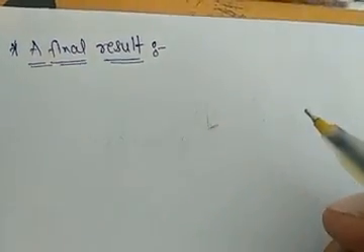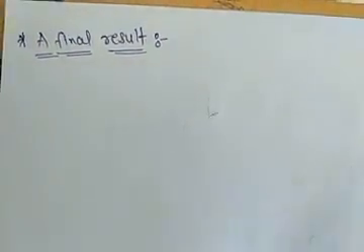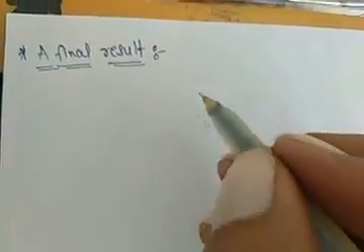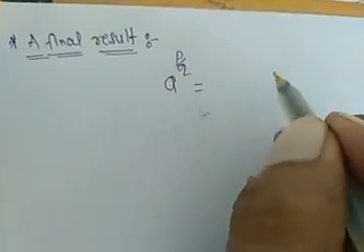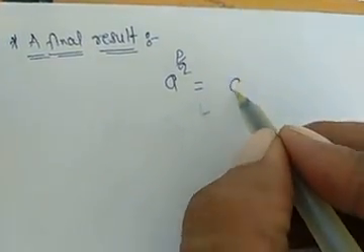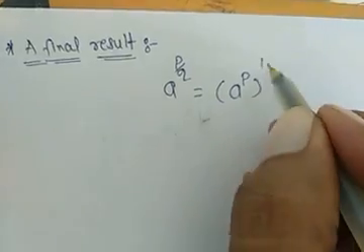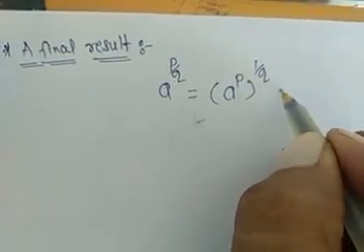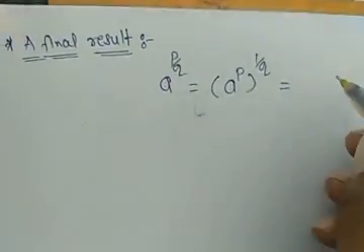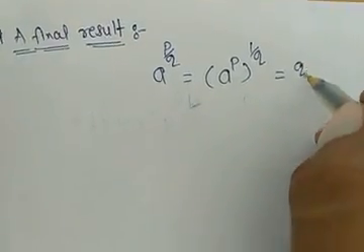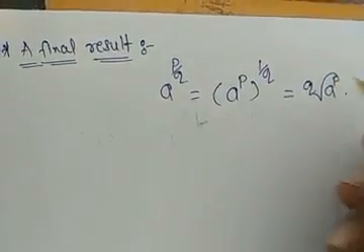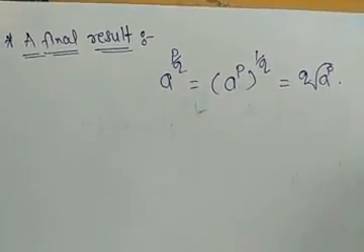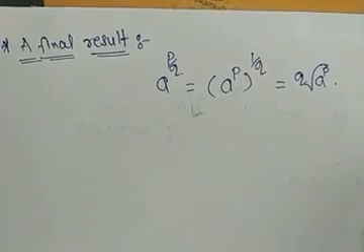Now our last result is a raised to p upon q. A raised to p upon q can be written as a raised to p, bracket raised to 1 upon q, which is equal to the qth root of a raised to p.